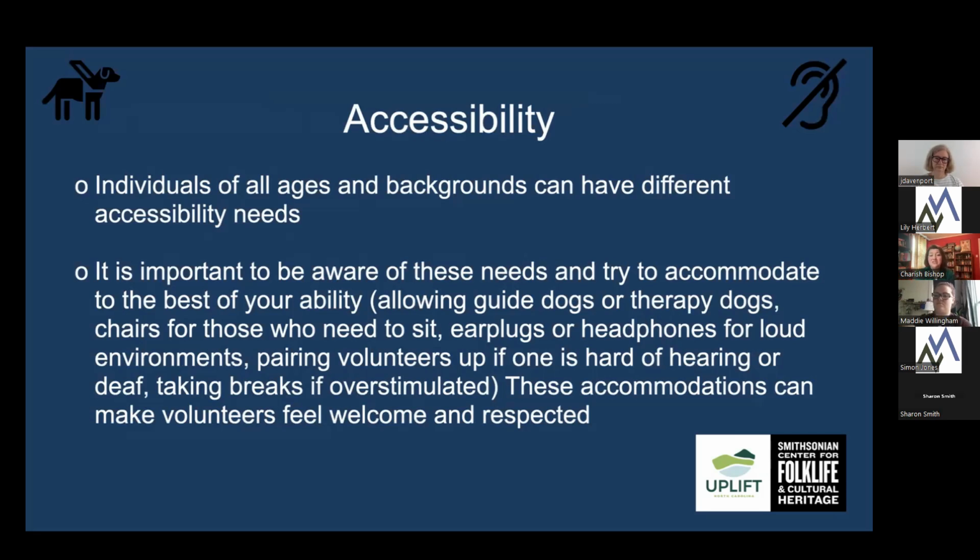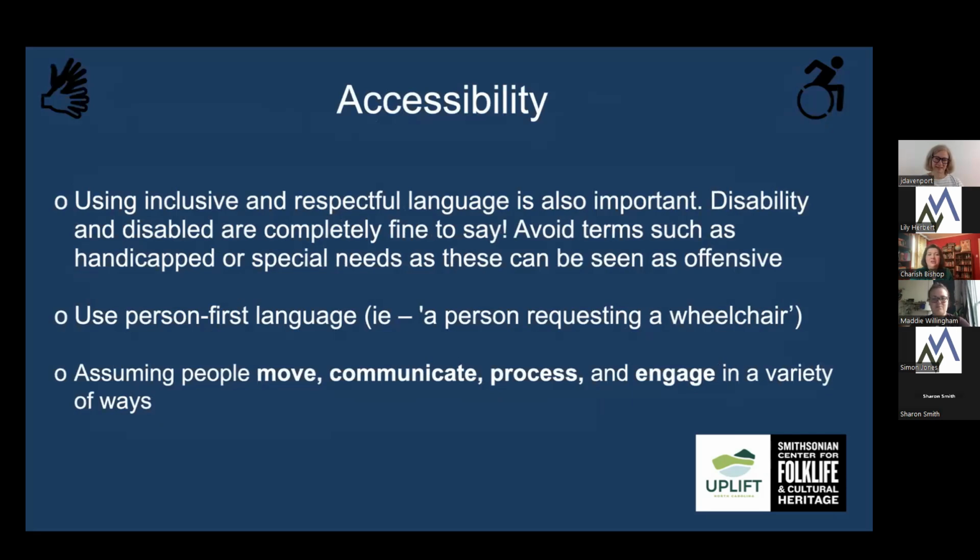Anyway, accommodations need to be made, especially even for your volunteers, to make sure they feel welcome and respected on site. And again, I'm not going to go into too much detail on this because our accessibility team will in a future session, but they're brilliant, and our accessibility coordinator has been doing this for I don't know how many years with the Smithsonian.